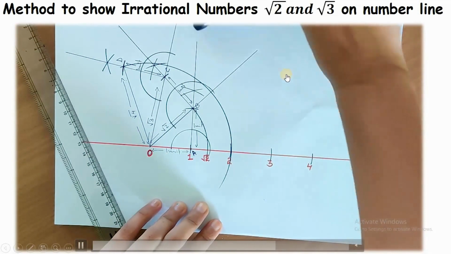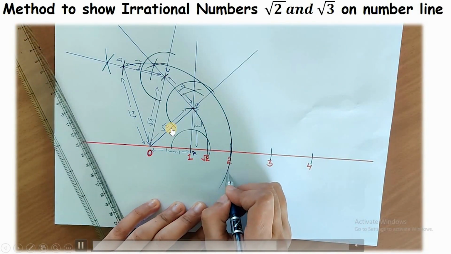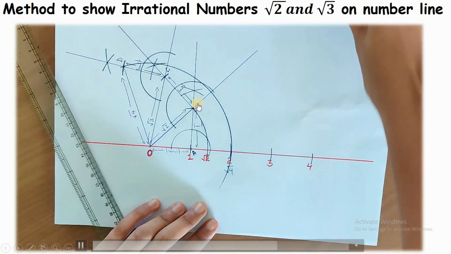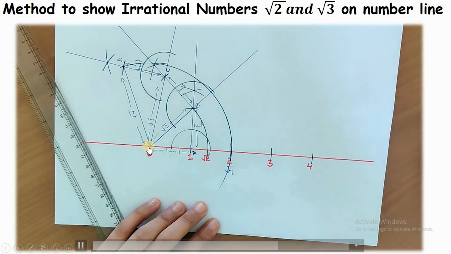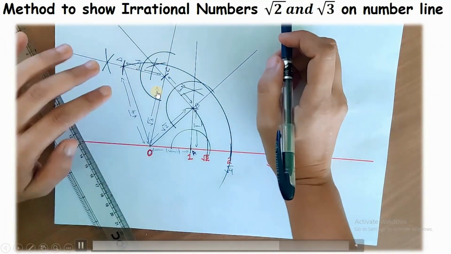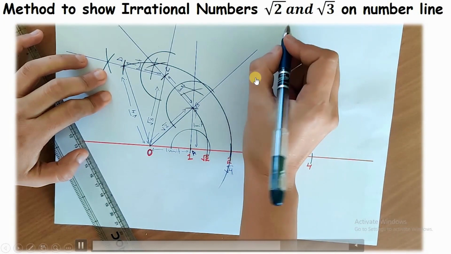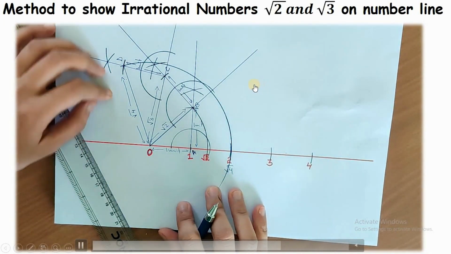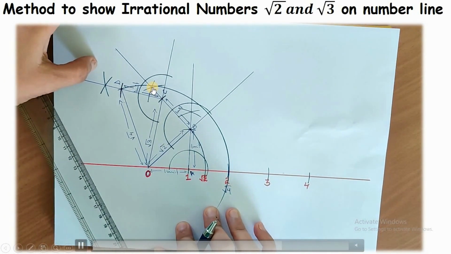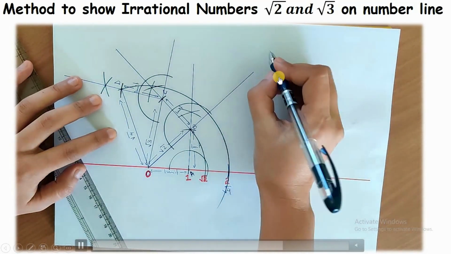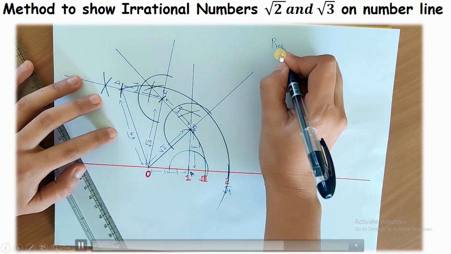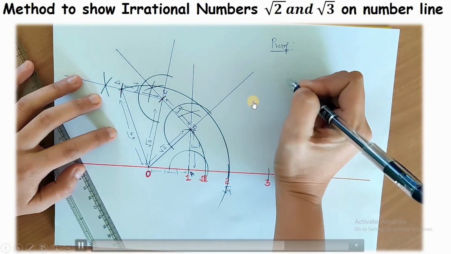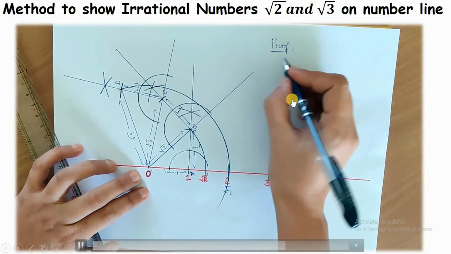Now here we'll prove how this OB is square root of 2 and OC is square root of 3. Let's prove it over here. To prove so, we are going to use the Pythagorean theorem.